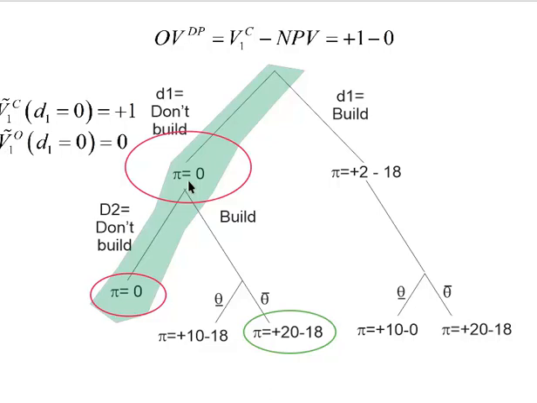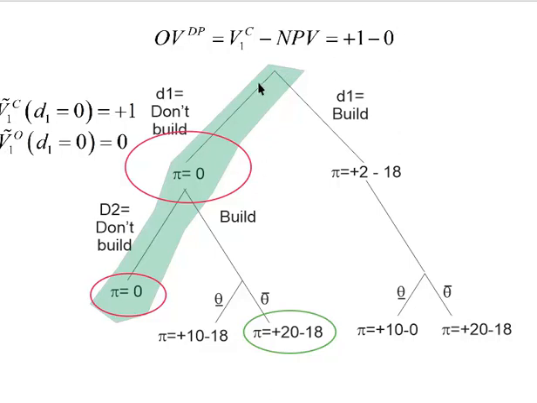They show that the option value of Dixit and Pindyck is equal to the difference between the closed loop optimal, where you would not build in the first period and then decide whether to build in the second period, minus the net present value, and that's equal to plus 1 minus 0.